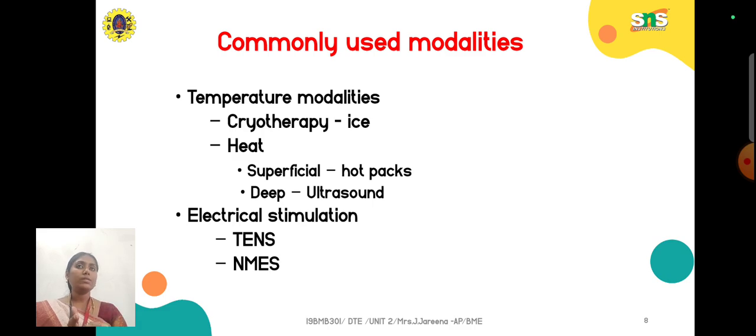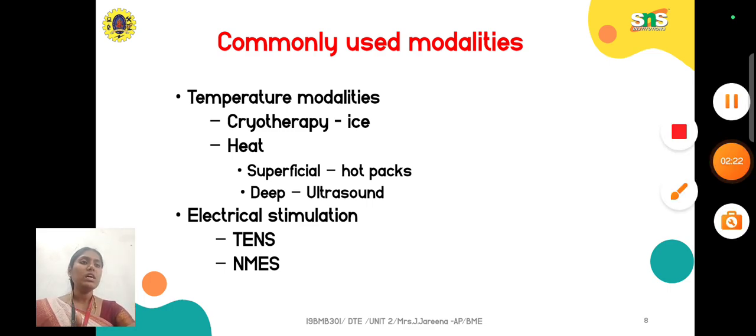So cold therapy gives vasoconstriction, and heat therapy gives vasodilation. We go for cold therapy where you want to reduce the inflammation, reduce the blood flow, or reduce bleeding. We use cryotherapy, that is the ice pack or cold therapy. So you have to understand which therapy to use for which type of problem. This is the major difference between heat therapy and cryotherapy.